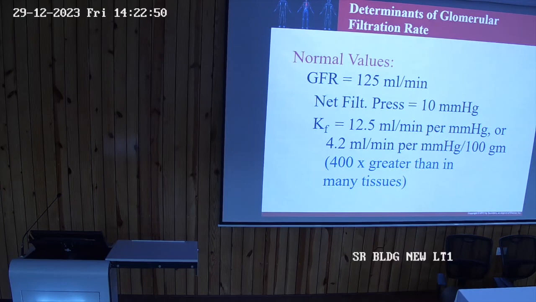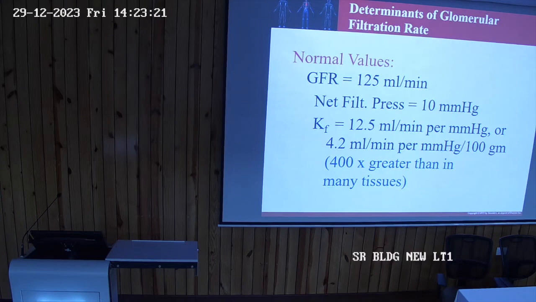The force that favors filtration is the capillary hydrostatic pressure, which is highest. Okay. What forces inhibit the filtration? The hydrostatic pressure present in the Bowman's space. Clear? Another force which inhibits filtration is the colloidal osmotic pressure of the glomerular capillary.